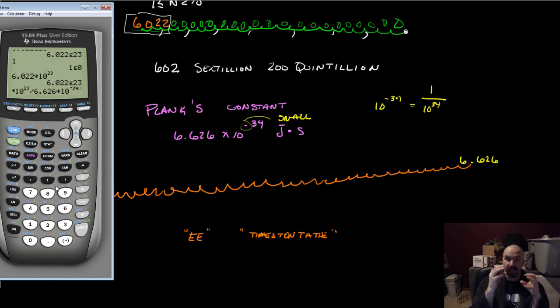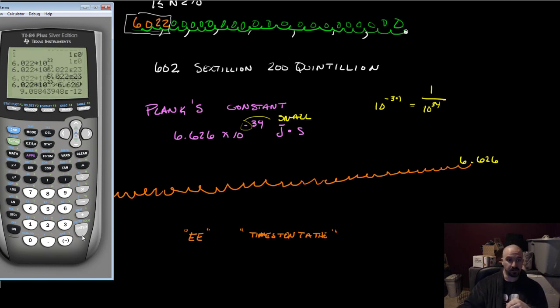If you just take the 10s and ignore the 6s, 6 divided by 6 is 1. We'll call it 1. Anyway, 10 to the 23rd divided by 10 to the negative 34, I should have to subtract those. So it's 23 minus negative 34. That should give me somewhere around positive 57.